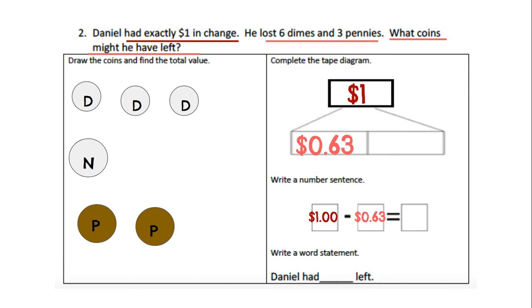These might be the coins he has. If you came up with something different, that's okay too. You can shout it at the screen. What did you come up with that might be different than mine? I heard somebody say 1 quarter, 1 dime, and 2 pennies. That's possible too. So now we need to figure out how much are these coins worth?